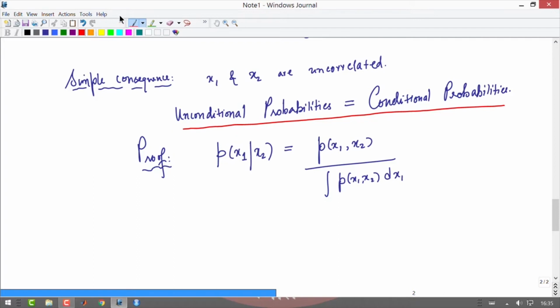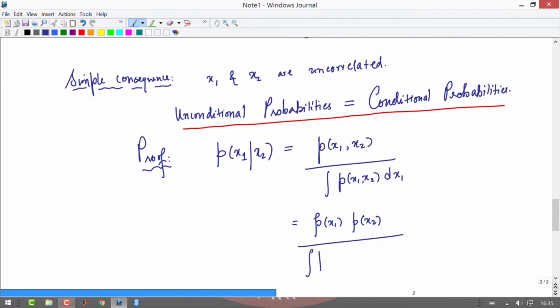Now since your variables are completely uncorrelated, I can write down the numerator as a product of individual probability densities. So if the variables are uncorrelated, the joint probability density is simply the product of individual probability densities.